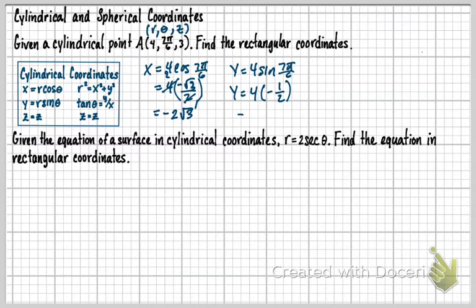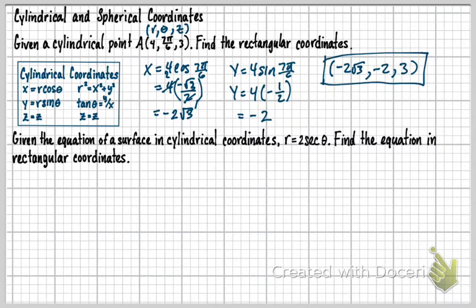Then I can simplify that and get negative 2. So now I can put this all together. My rectangular coordinates are (negative 2 square root of 3, negative 2, 3). And that's my answer for those.